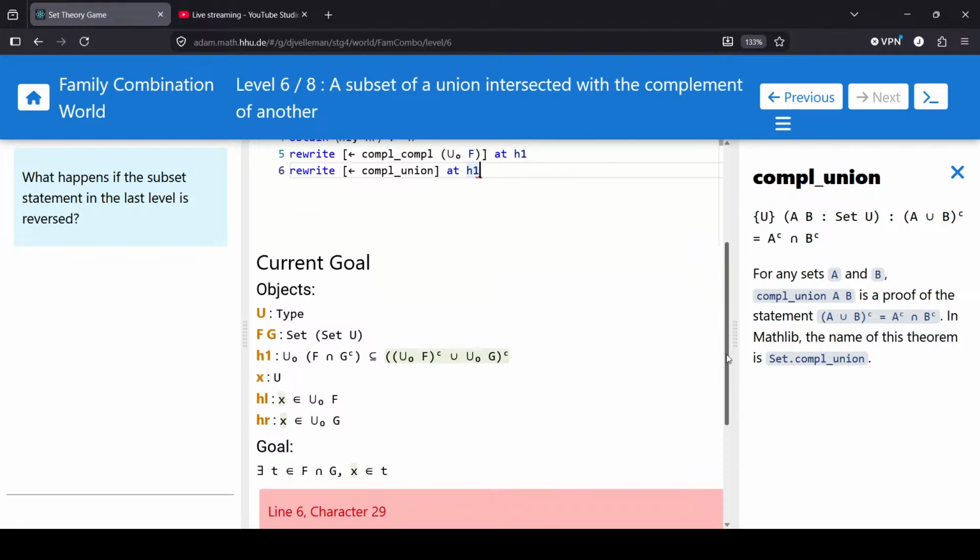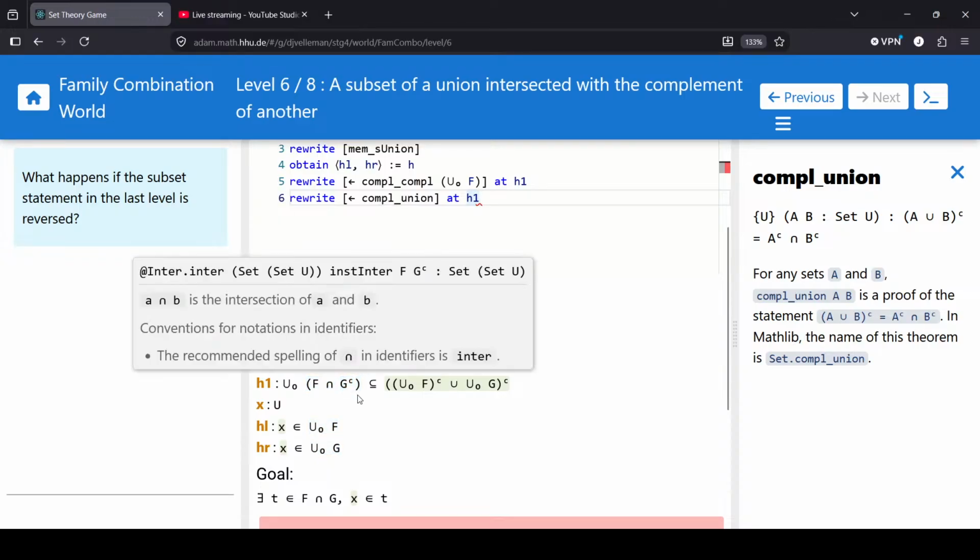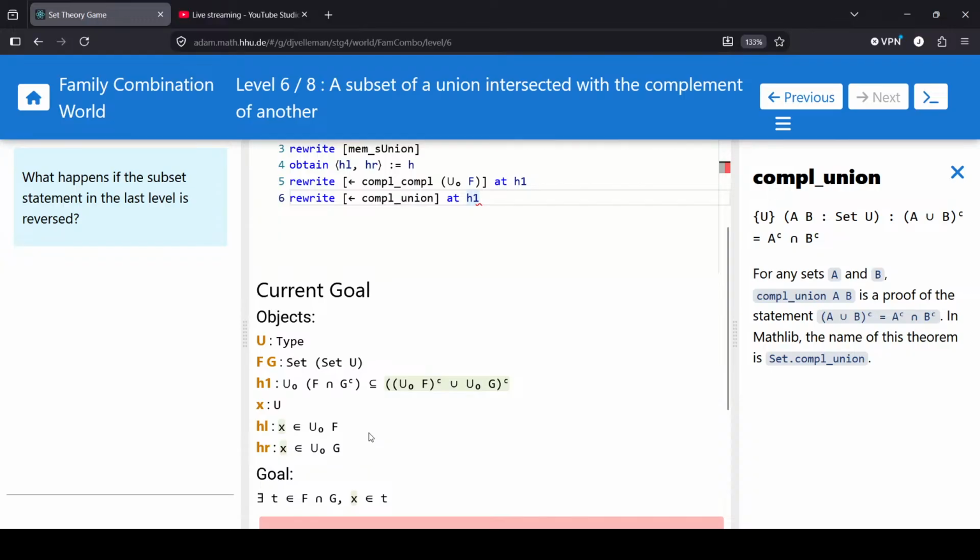If I could turn my goal into that, maybe. All I have is this: F intersect G. Is it either that, or I turn one of these into this somehow? The Family Guys got the best of me.